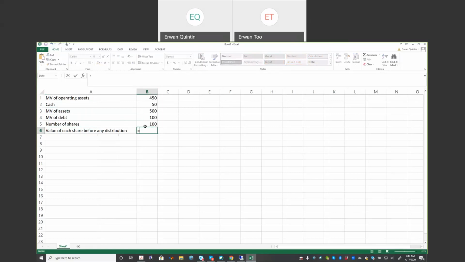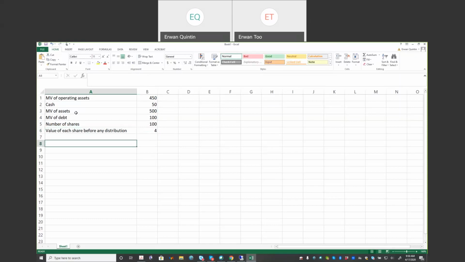So what is the value of each share? Well, if the market value of my assets is 500 and I owe 100 in debt, the market value of my equity is going to be 400. And if I divide that by 100, I'm going to conclude that the market value of shares before any distribution is made by the corporation is exactly $4. Okay, so far, so good.